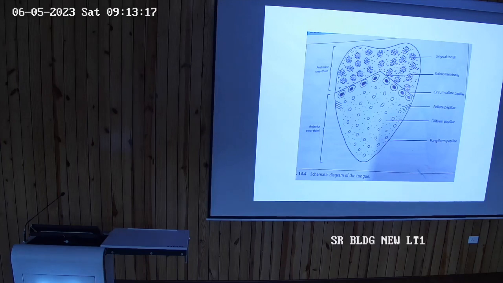Papillae are the projections of the mucous membrane. So the mucous membrane of the dorsal surface of the tongue shows a large number of projections, and these are called the papillae. These lingual papillae are present on the dorsal surface of the tongue, but they are not present on the visceral surface of the tongue.